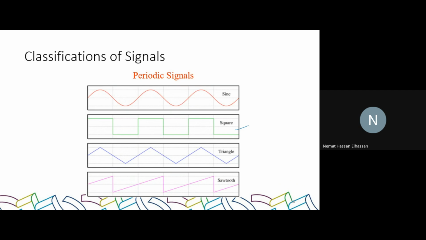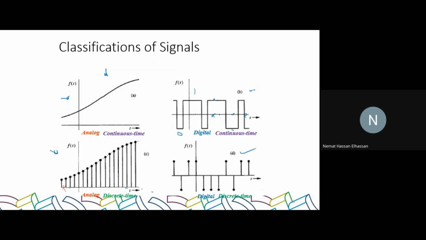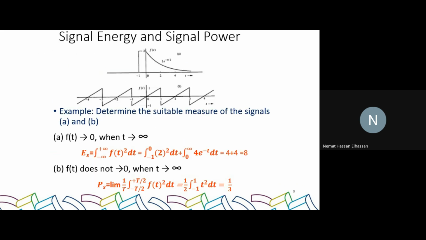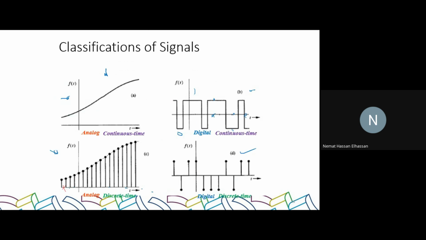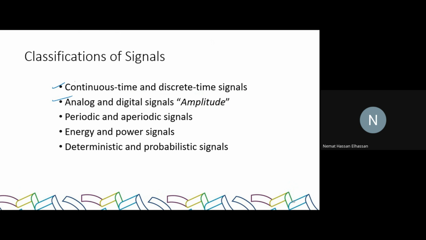In contrast to aperiodic signals, so if I go to our previous example, this is periodic, this is aperiodic because it's not repetitive in time. Aperiodic, okay? Where are we? So this is periodic and aperiodic signals.